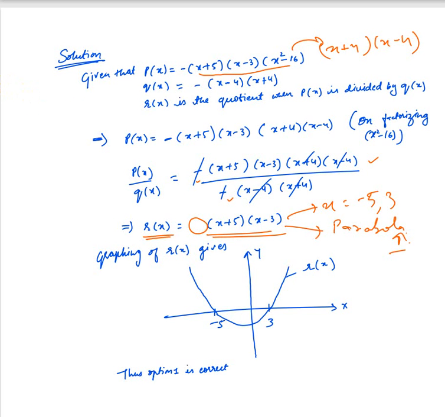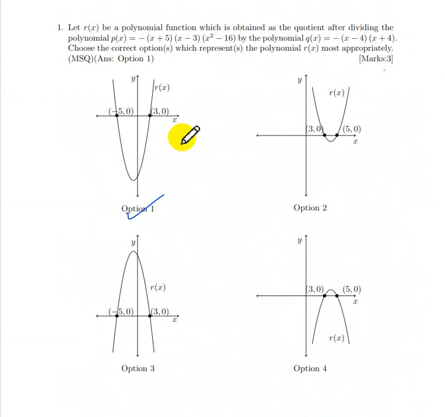So from the options we have, this is the answer. Why? Because this is an upward parabola and it has roots -5 and 3. This one is not correct because the root is wrong: it's 5, but the root actually is -5. This one has the correct roots, but it is a downward parabola.